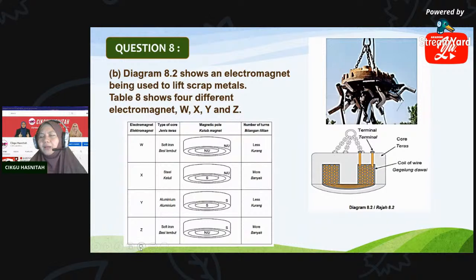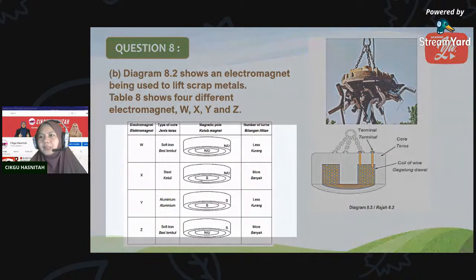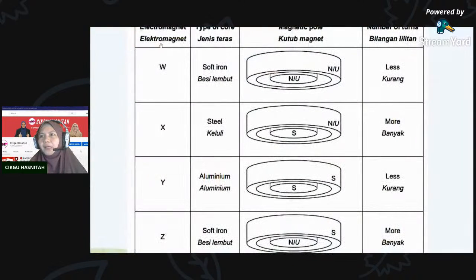You are given a table of choices. You are given 4 types of electromagnet, W, X, Y, and Z, and 3 characteristics. The type of core: W uses soft iron, so does Z. X uses steel as the core, and Y uses aluminium. And this is the magnetic pole inside.